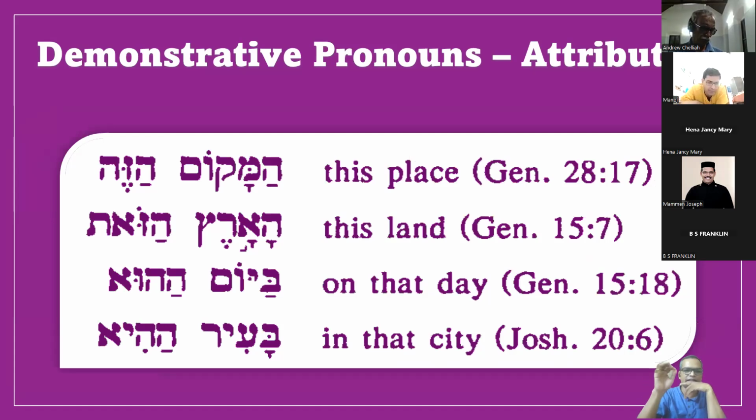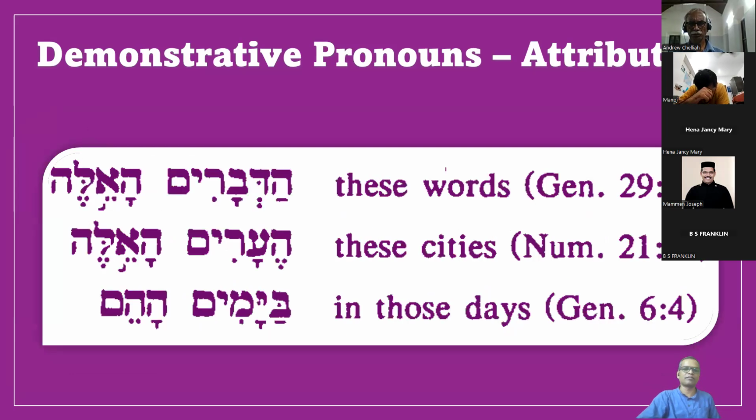Maybe literally we can translate this is how it appears in Hebrew, but when it comes to the polished translation, then you have to translate it as the place, this. So because of the polished form, it doesn't make sense.